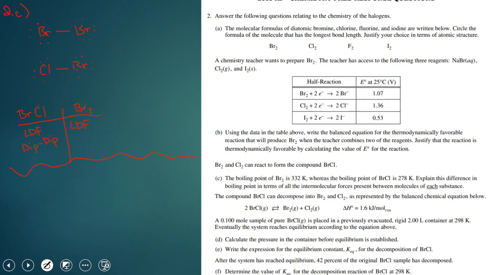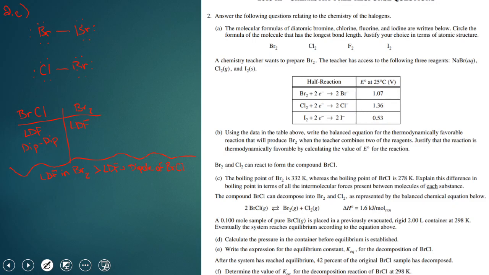is that even though there is an increased IMF because of the dipole-dipole, it may not be enough to overcome or to become larger than the LDF forces within the Br2 molecule. And so that's what you need to consider, is that the LDF in Br2 is greater than LDF plus dipole of BrCl.